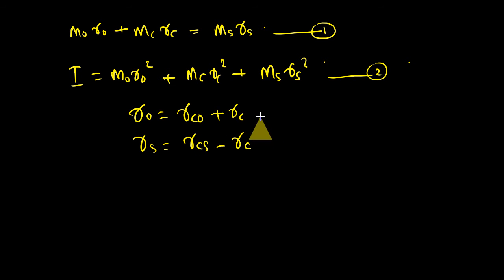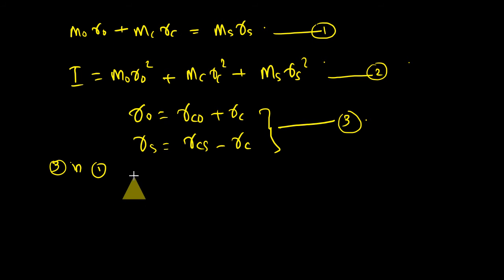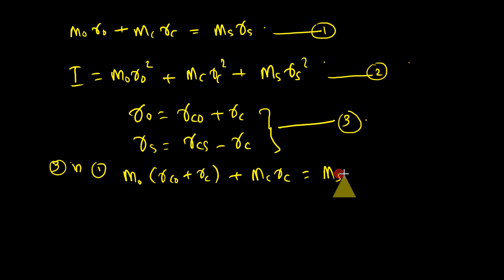Okay, so these equations together are called equation number 3. Now I am going to substitute 3 in equation number 1. When I am substituting RO and RS in equation number 1, then I get MO into RO, that is RCO plus RC, plus MC RC is equal to MS into RS.